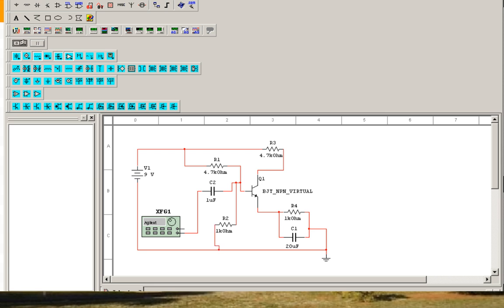It's supposed to go to ground. We've got our complete circuit. That's just that thing there. We're gonna want a couple of meters, I think.